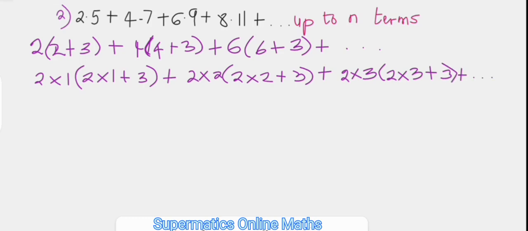And the sum goes on. Now, generally, every term can just be written as 2k times (2k plus 3). I believe you get that.